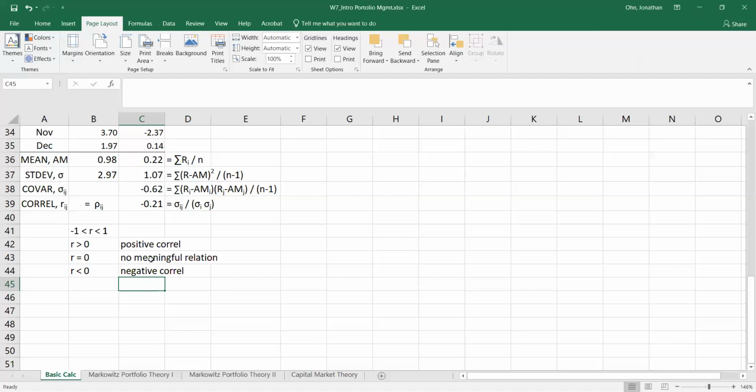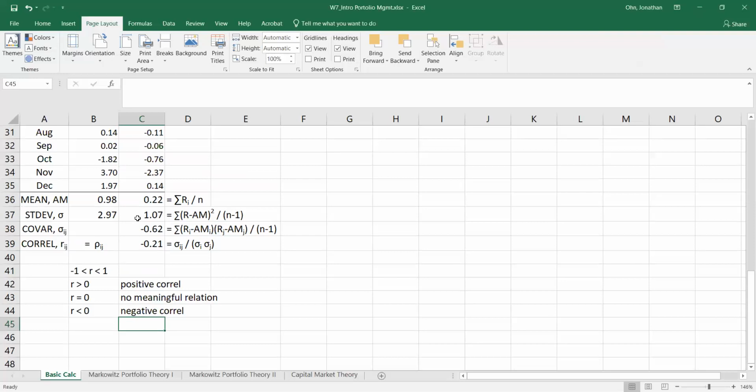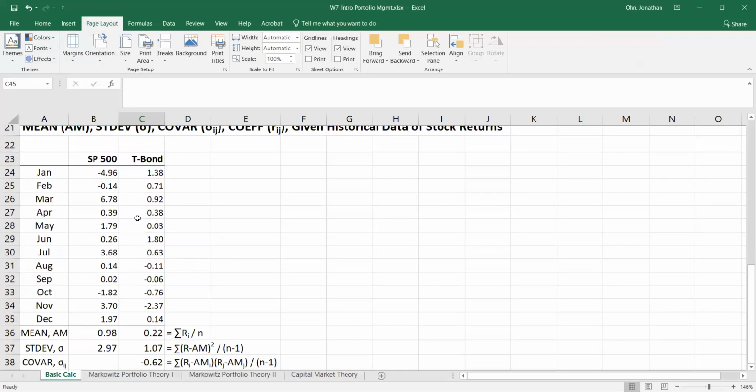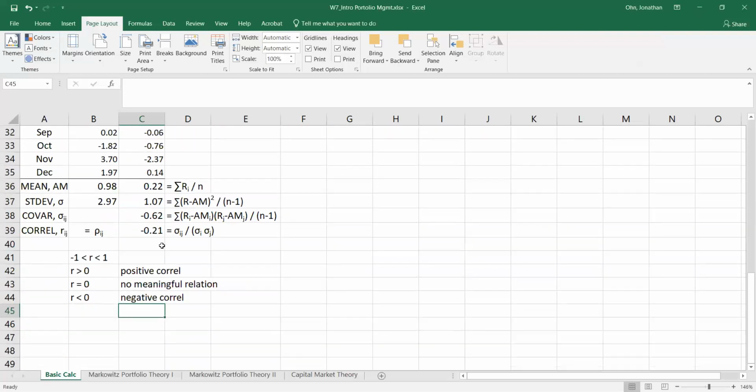If R is 1, that's called perfect positive correlation. If R is -1, it is perfect negative correlation. So our S&P 500 and the T-bonds, at minus 0.21, show a relatively weak negative correlation.